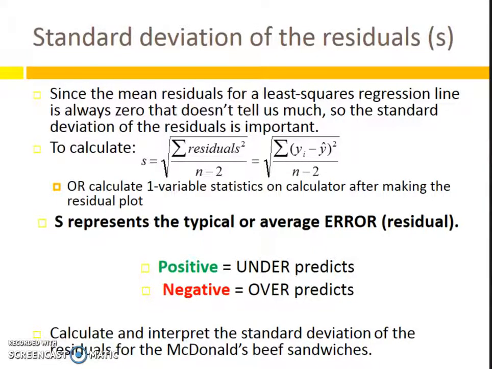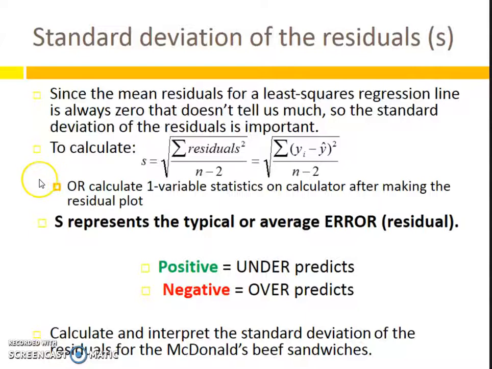Here's our formula for standard deviation of residuals. Okay? Another option is to just use the one variable statistics on your calculator after you've made a residual plot. Now, the only thing you need to be careful of, the true formula divides by n minus 2. This formula divides by n minus 1, so it might be slightly off.